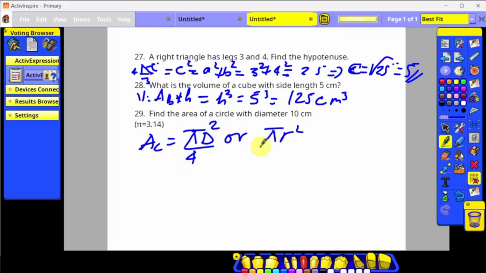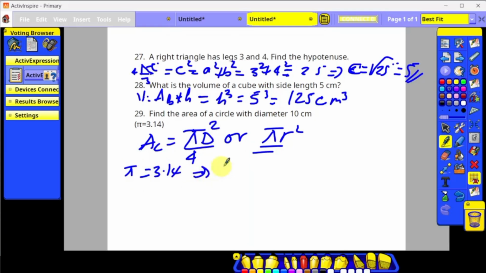If you are given a radius, this is the formula, but if you are given the diameter, this is the formula. And we are given pi is equal to 3.14.